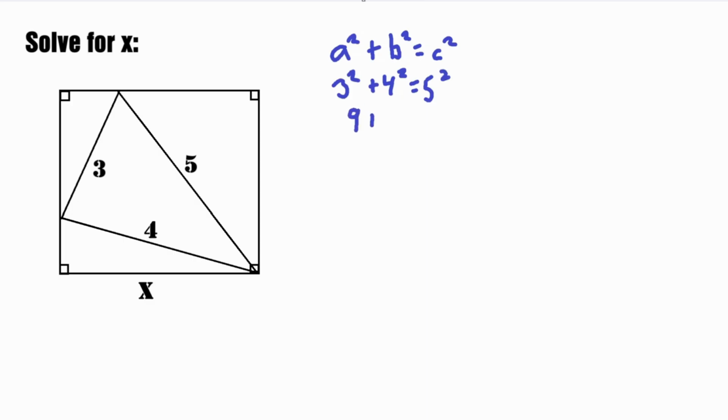So 9 plus 16 is equal to 25, and this is a true statement, right? So what does this mean? Since this triangle conforms to the Pythagorean theorem, it is a right triangle, okay? That means this angle here is equal to 90 degrees, okay? So we figured that out.